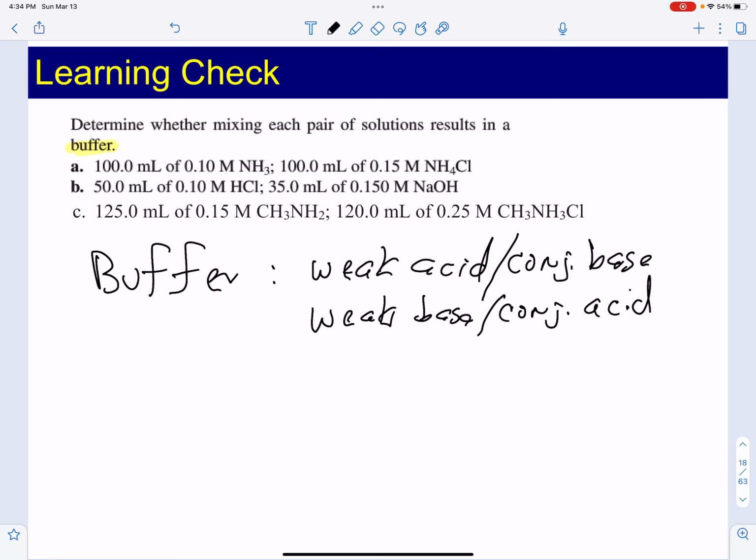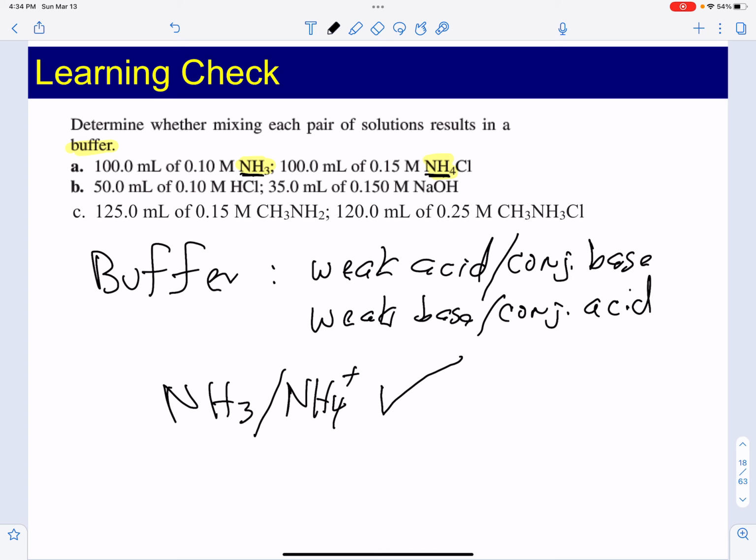So let's see. For the first one, we are mixing together ammonia and ammonium. So do we have present a weak base and its conjugate acid? Yes, we do. So that's the main requirement. You have a weak base with its conjugate acid present.